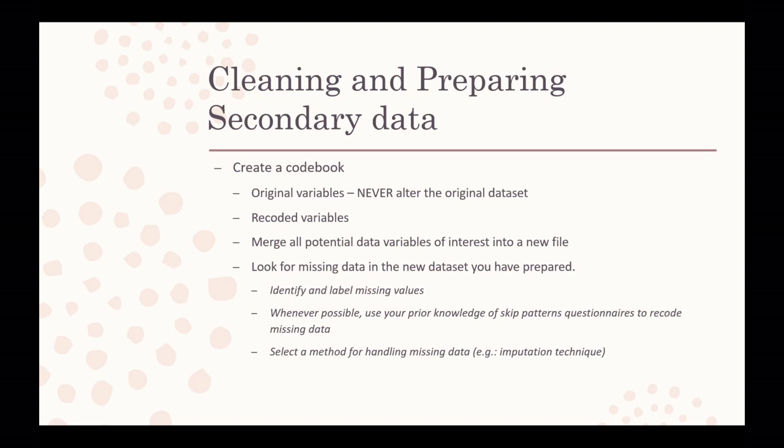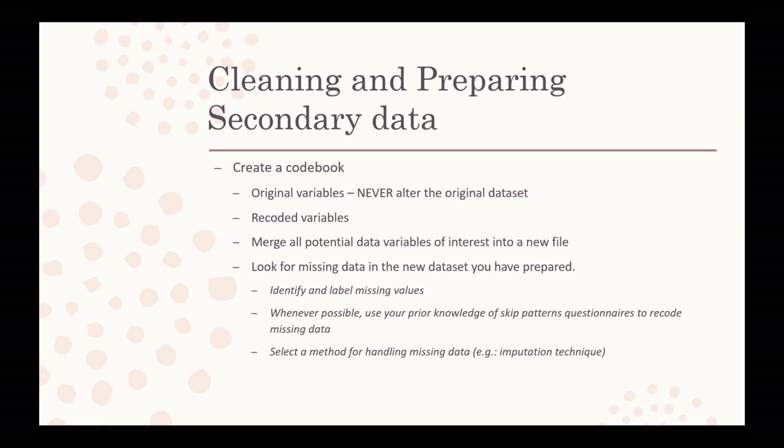Then you will go ahead and you will see the pattern in which that particular question was answered, and you will try to fill in that missing data based on the knowledge that you have, using either that data or using the literature. And also you have to select a particular method for handling the missing data. So one, as I said over here, is using your prior knowledge or looking at what was answered by the other participants and trying to fill in those 18 missing values based on your prior knowledge.